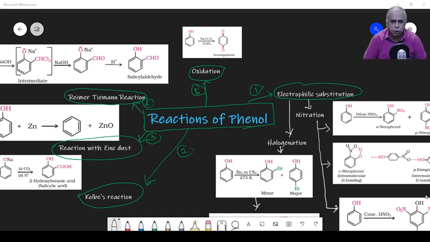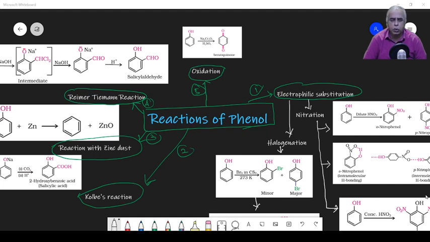First of all, we should know what is an electrophile. Electrophile: philo means to attract, to love. Electron is the negative center. So the reagent which attacks the electron rich center is called an electrophile.